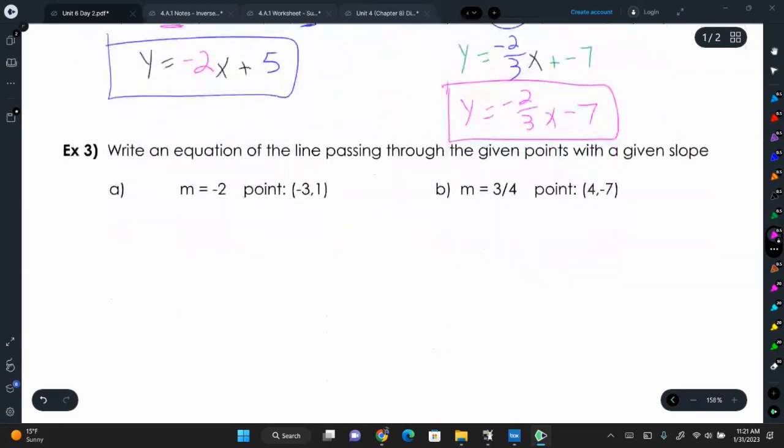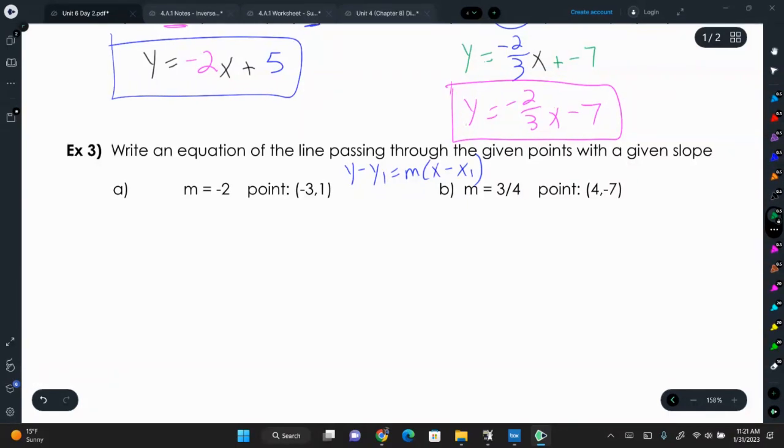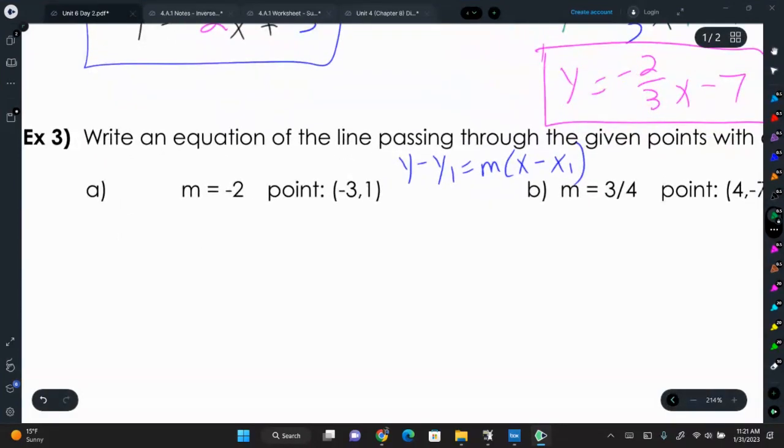Now, example 3, it says write an equation of a line passing through the given points with a given slope. Because we are given a point and a slope, we want to use y minus y1 equals m times x minus x1. M is our slope, negative 2 in this case, and our point is x1 comma y1.